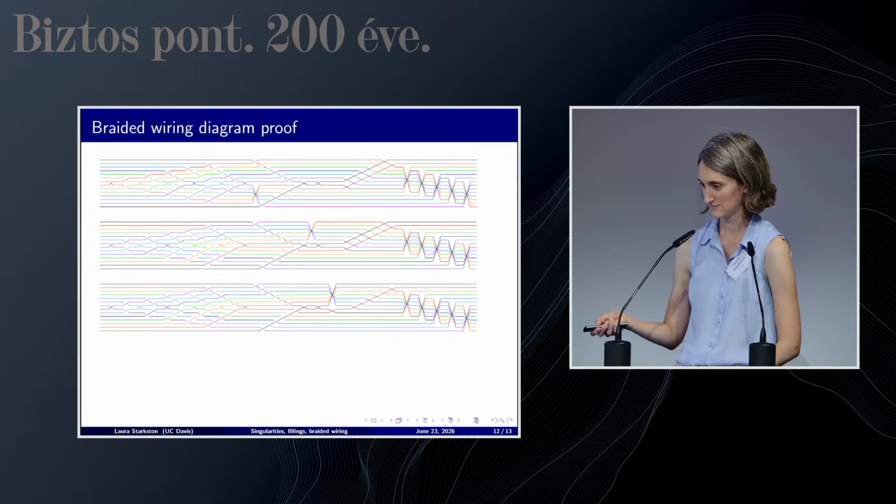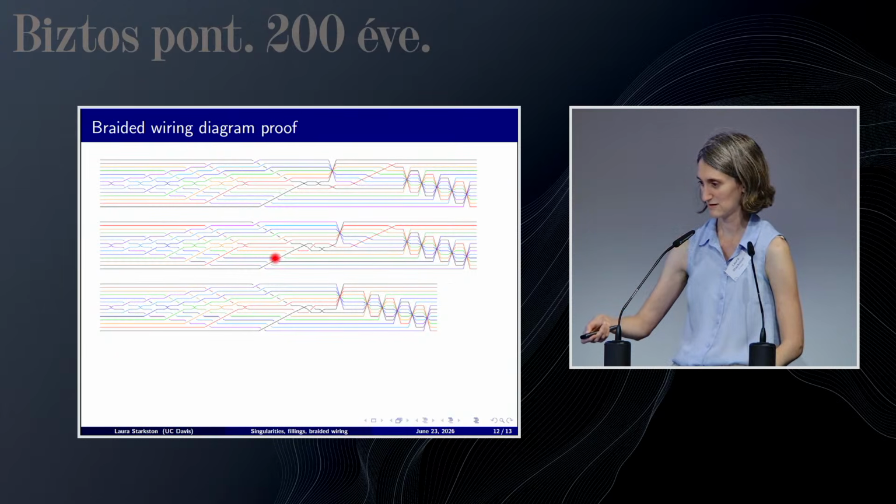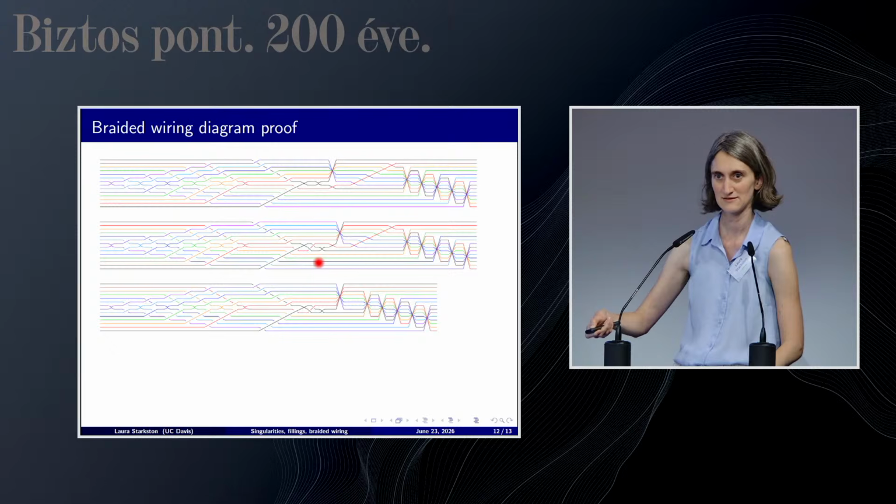So what do we do? We apply this move to push it through the tangency, and it lands up here. And we had to stick some braiding in when we did it.